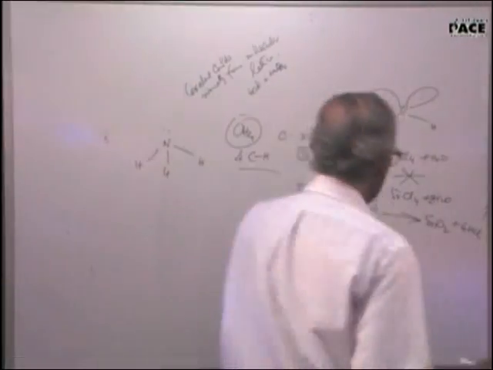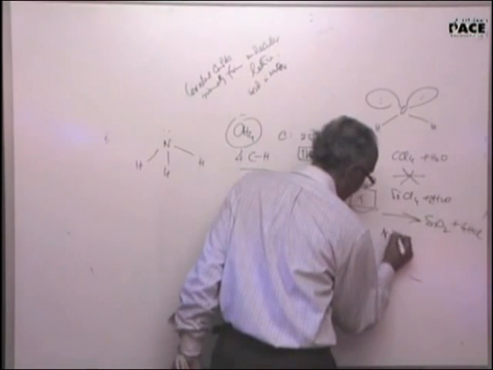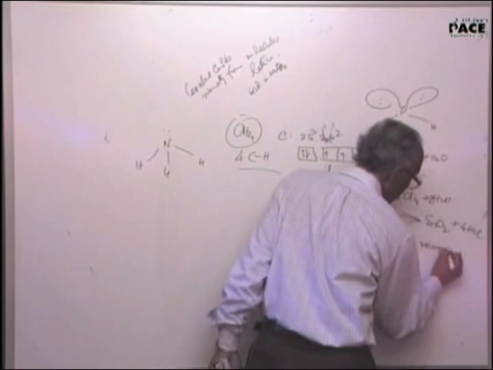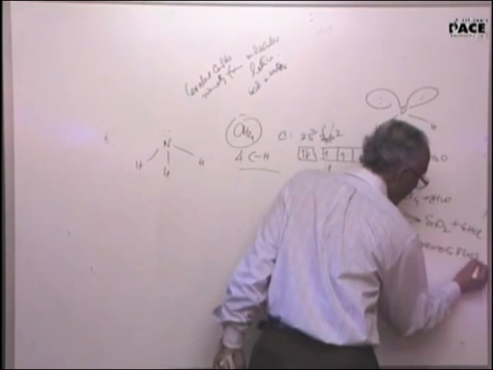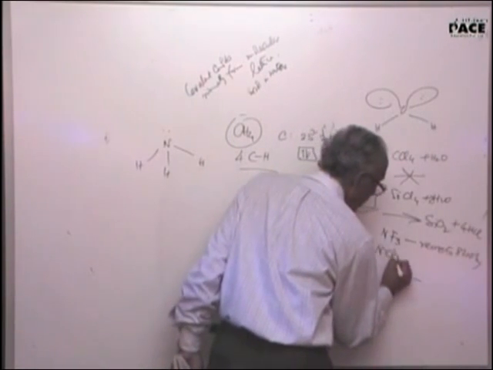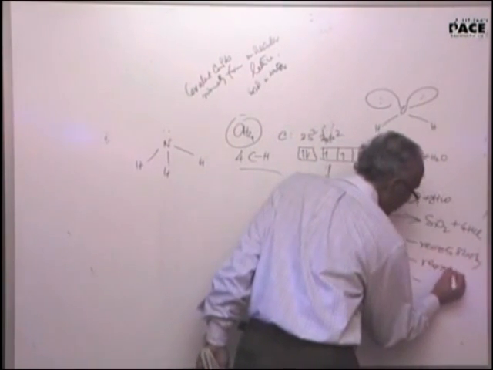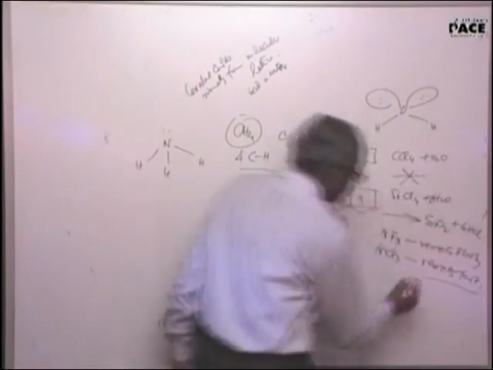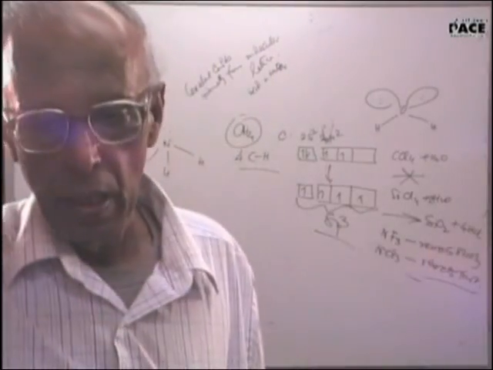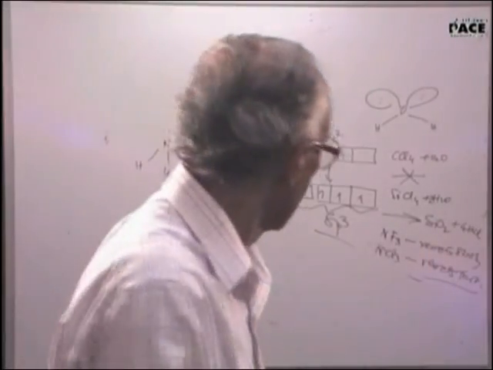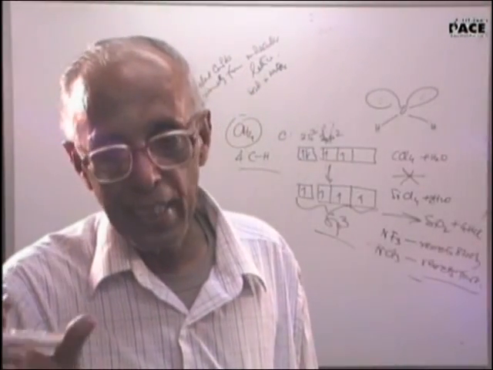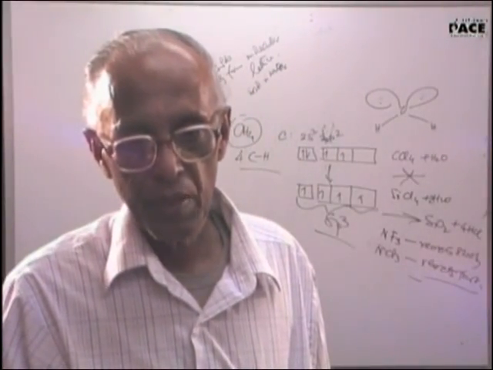Similarly, nitrogen trifluoride reacts slowly, whereas NCl3 reacts fast. Why do they differ? Because in NF3, both are second period elements.